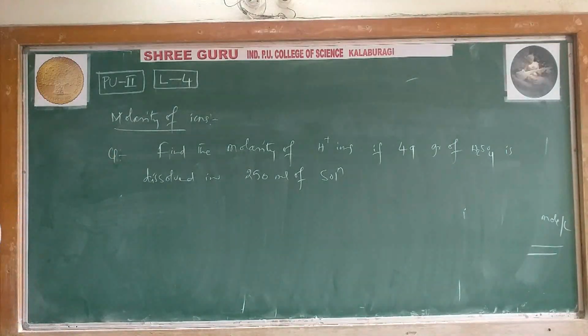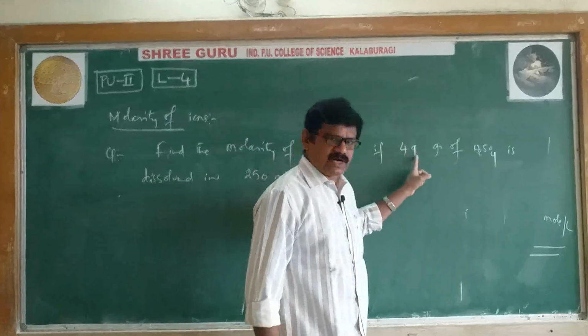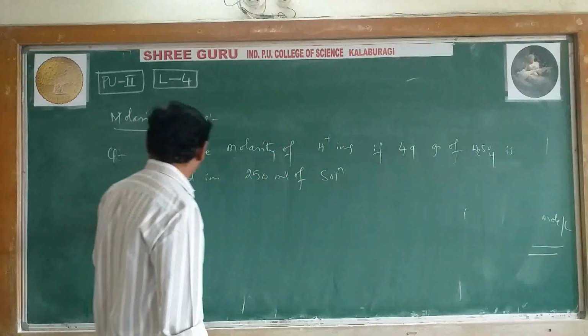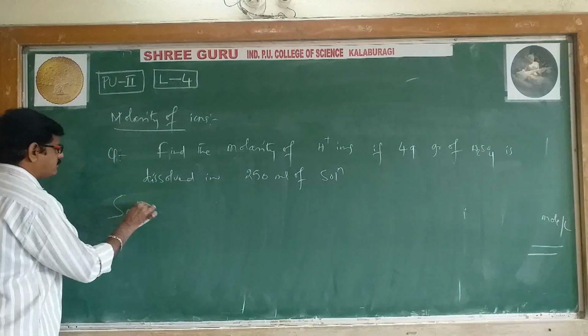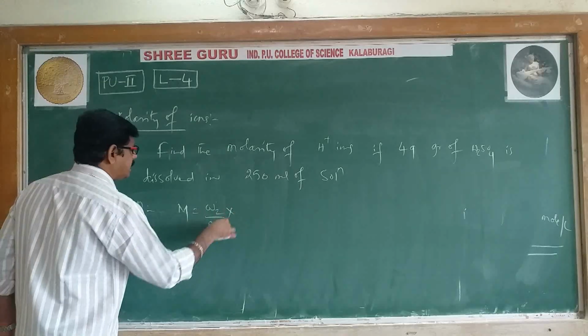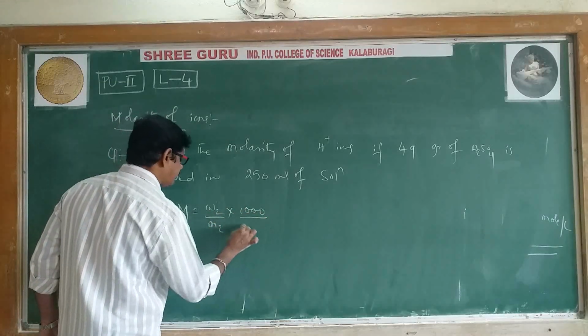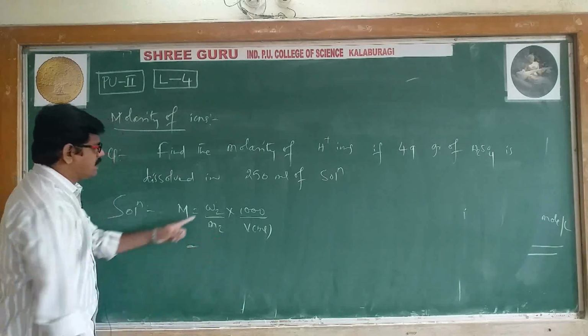Here it is directly asking H plus concentration. Find the molarity of H plus if 49 grams of H2SO4 is dissolved in 250 milliliters of solution. We will write the formula: molarity equals W2 by M2 into 1000 divided by volume of solution in milliliters.